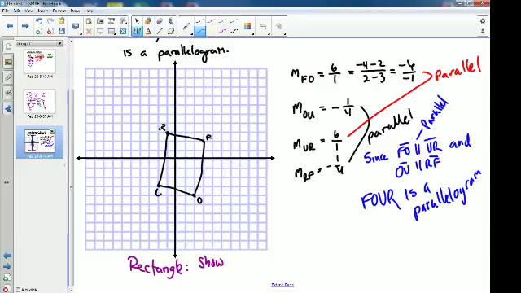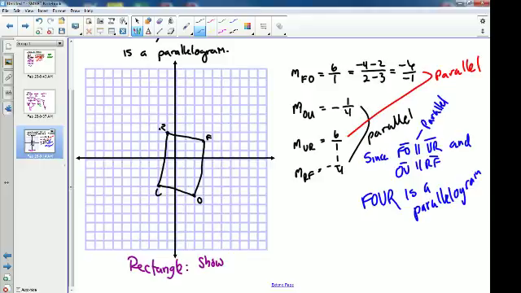This is what you're going to have to do without me sitting there, without me showing it to you. I've shown you how to do a parallelogram with slope, right? For the rectangle, what conditions are there? Opposite sides are parallel and congruent, and the angles are 90 degrees. Do I have to show all three of those?